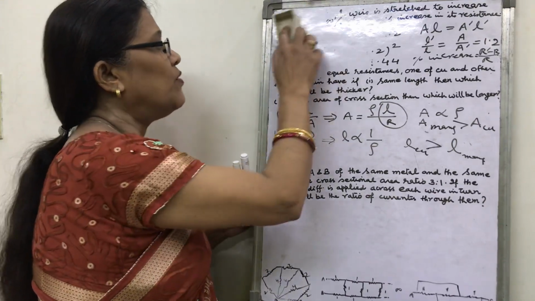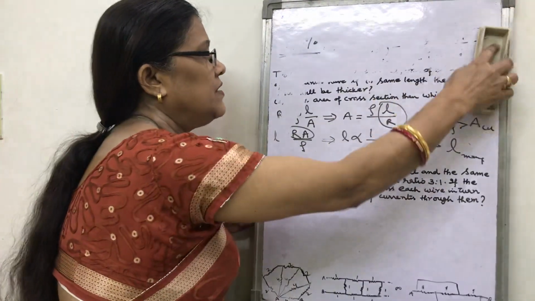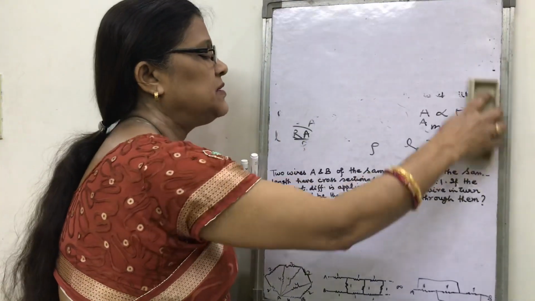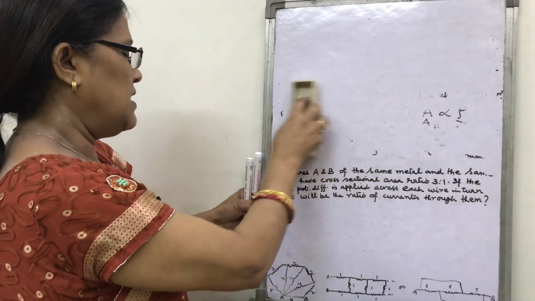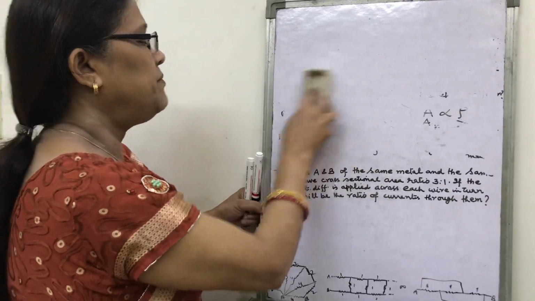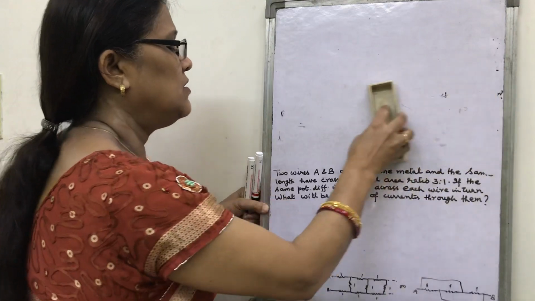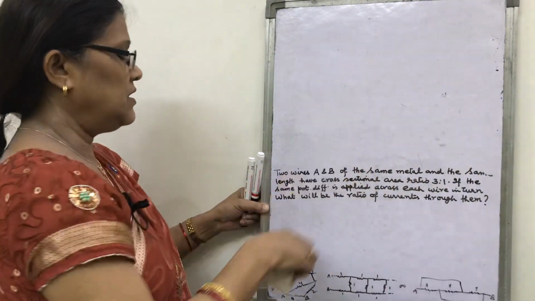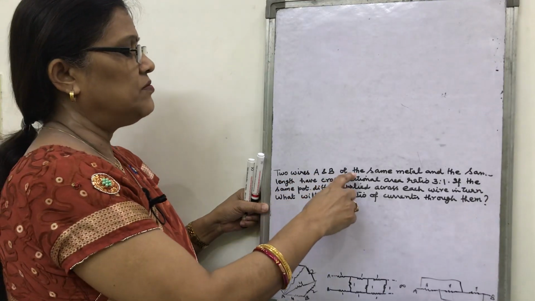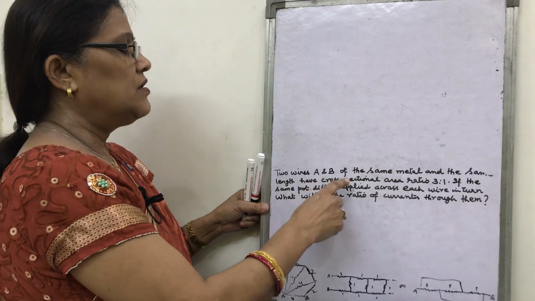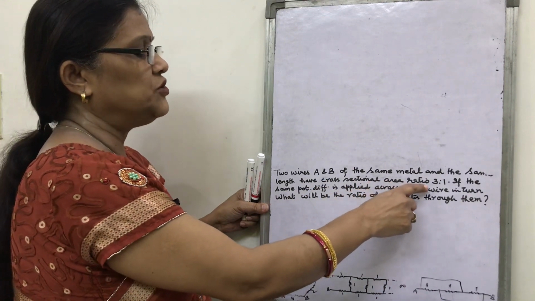Now the next problem I have taken, that there are two wires A and B and they are of the same material. I am reading the question: two wires A and B of the same metal and the same length have cross sectional area in the ratio 3:1.